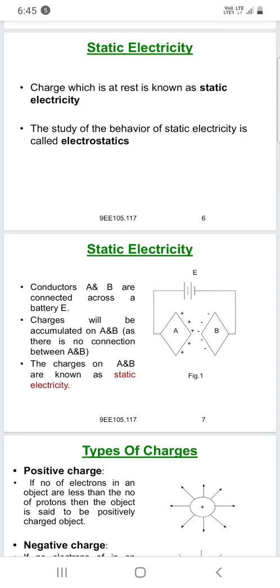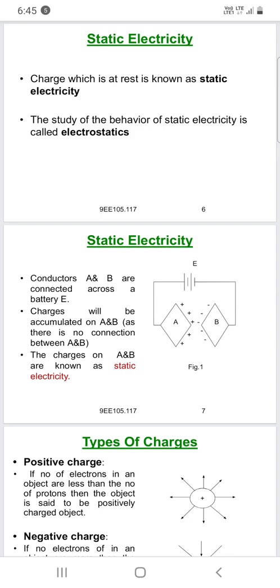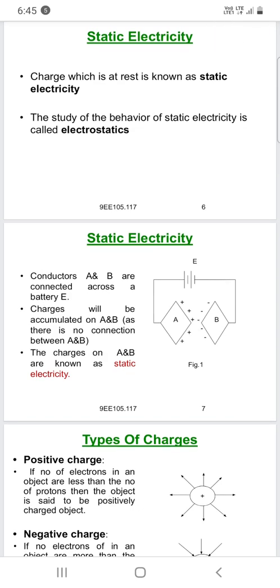So a charge which is at rest is known as static electricity, and the study of the behavior of static electricity is known as electrostatics.